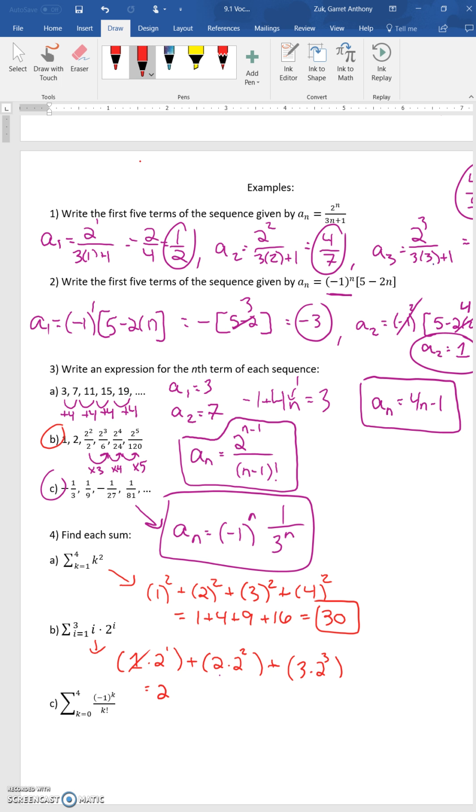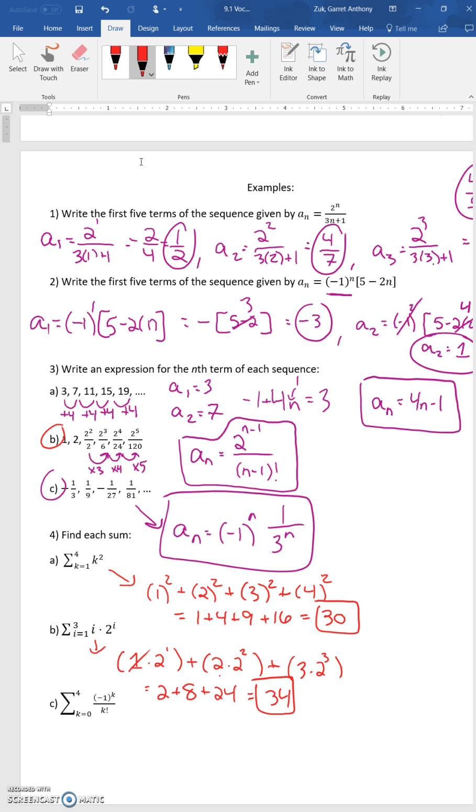Well, now that's 2 plus 2 times 2 squared, which is 2 times 4 is 8. And then 2 cubed over here is 8 times 3 is 24. So we get 34 for our sum.